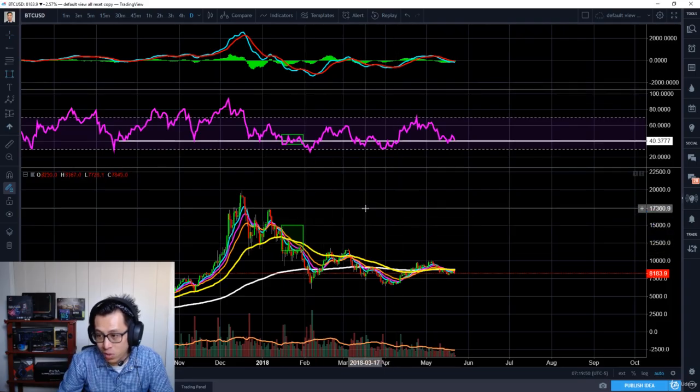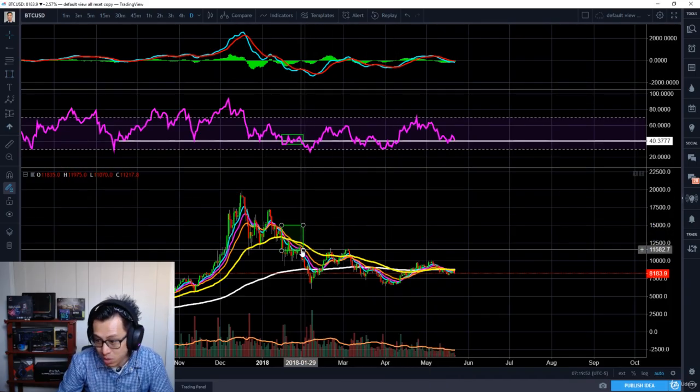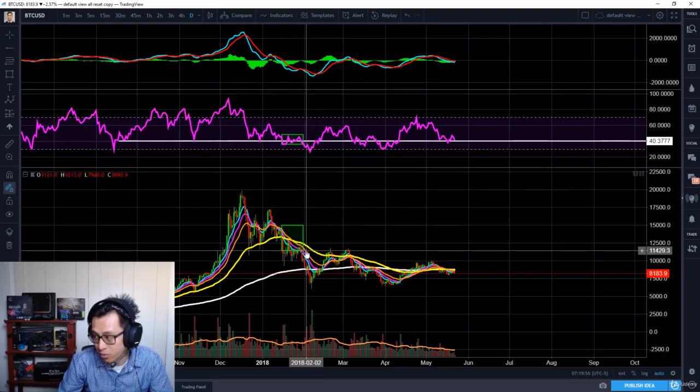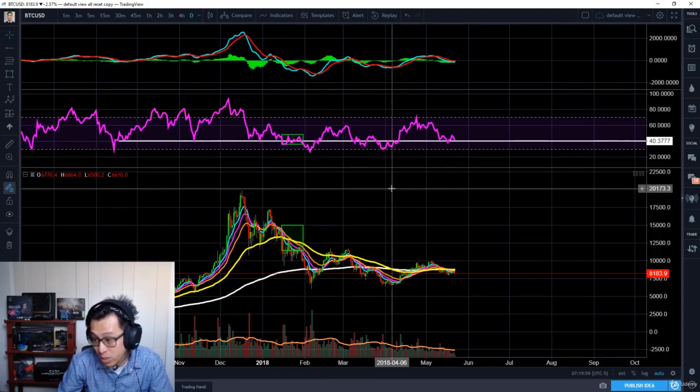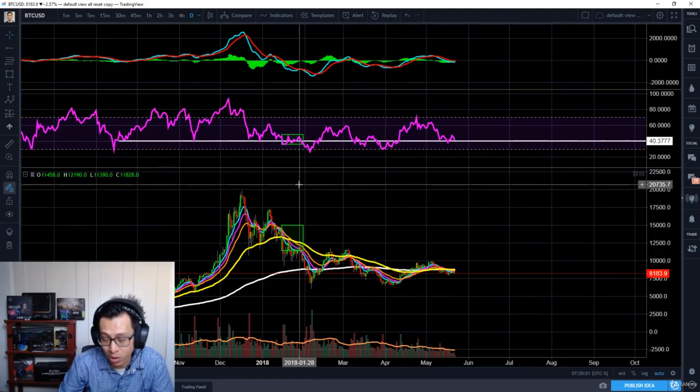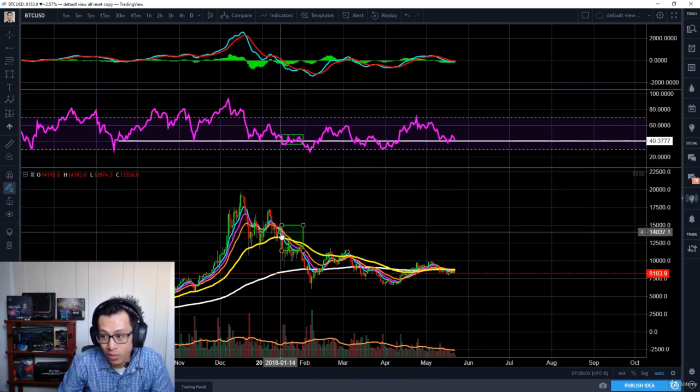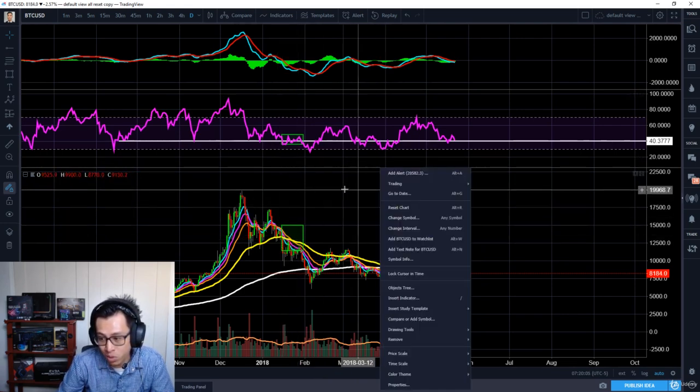If you guys have noticed right here, people entered a big short position right around here, right? Lots of shorts were entered from about 11K to the 6K ranges because it was breaking RSI support. Now, had it bounced off of there, that would have been quite fantastic, but unfortunately it didn't.